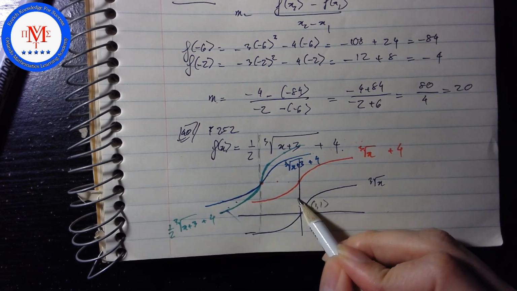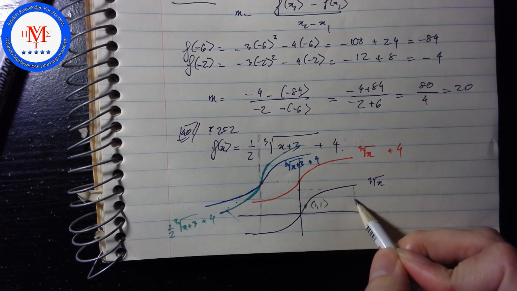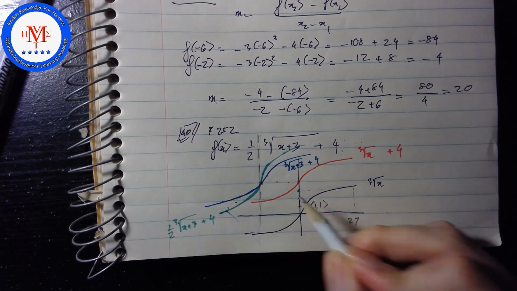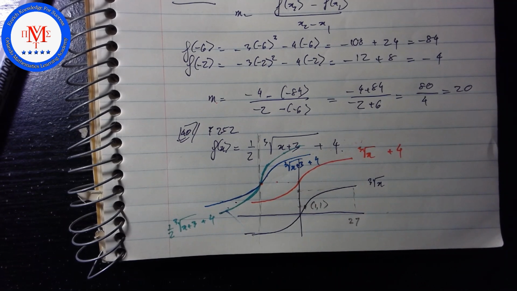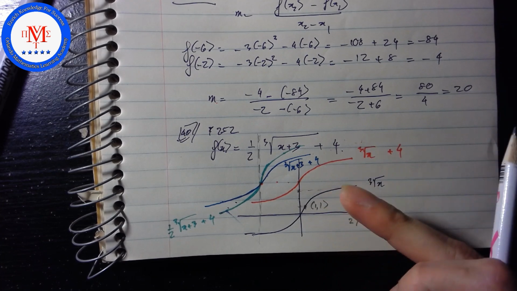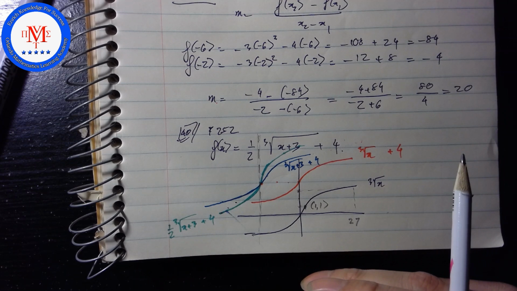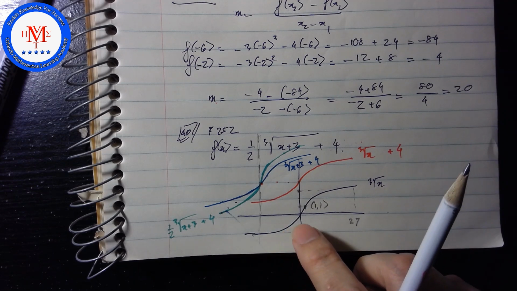Then every time you shift up, down, left, right, or you stretch it, or you compress it, you have to put the coordinate of each point into consideration. It means that sometimes the y component will be changed by a factor of half.